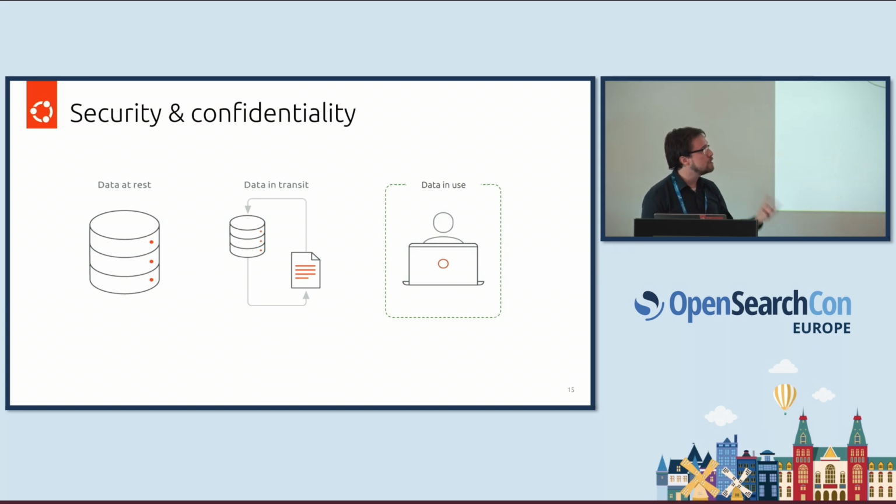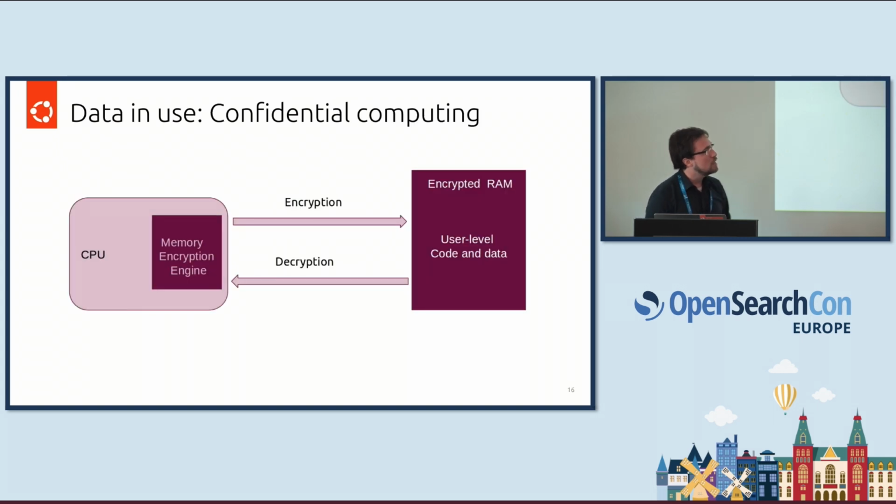And finally, data in use. This is sort of the new technology. It's the confidential computing we've been experimenting with, which enables us to, first of all, if you're running your VM, you can encrypt your memory and make sure that even if, for example, the host of that VM has been compromised, whoever tries to read that memory or dump that memory cannot read your data.